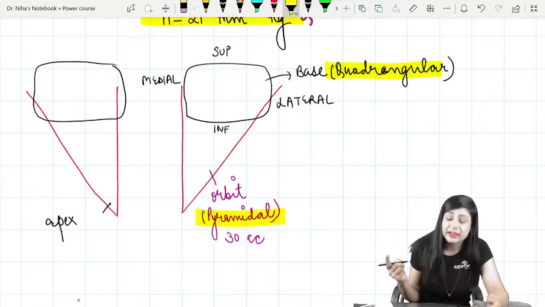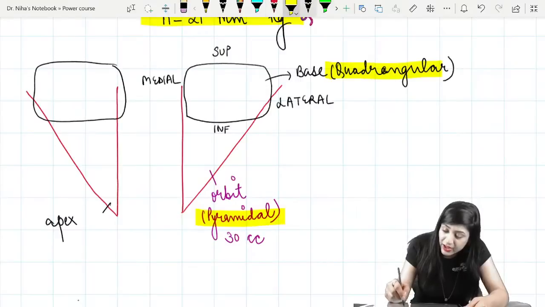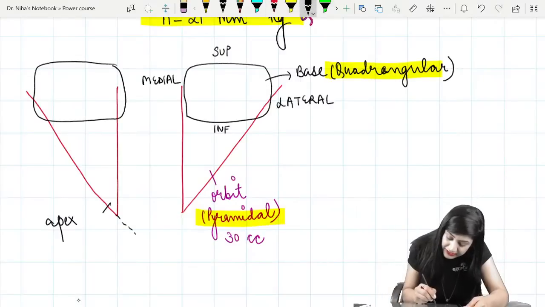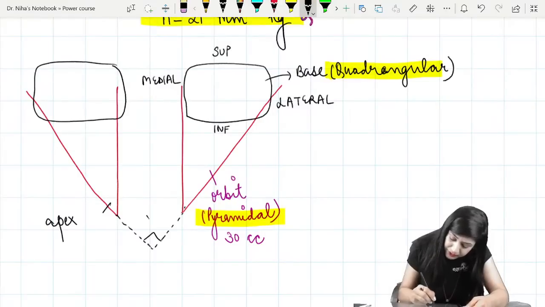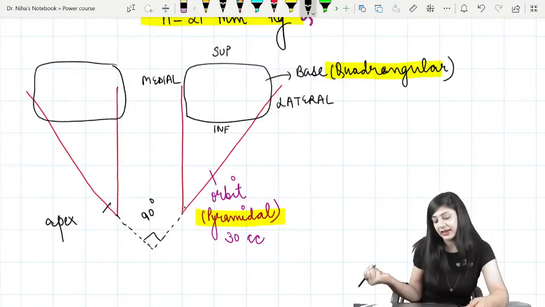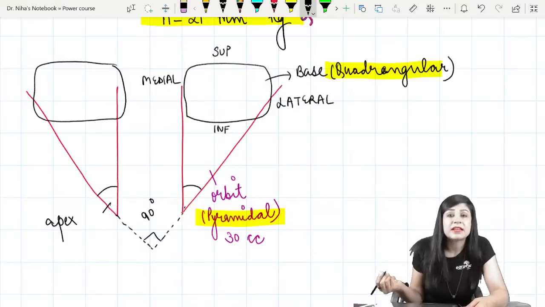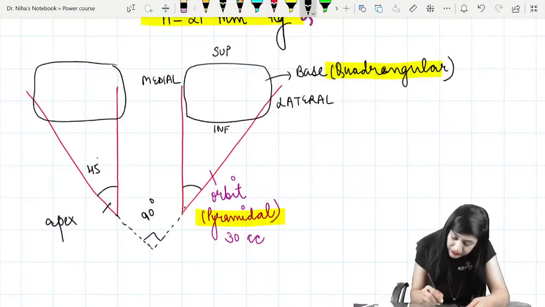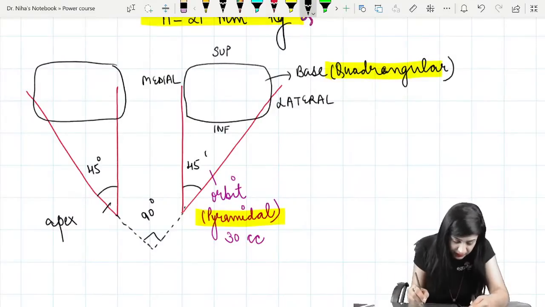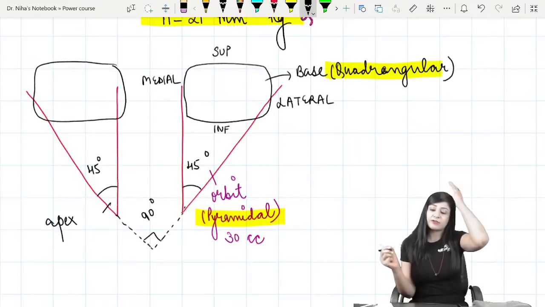And look at the angles here. If I extend these lateral walls and join them, this angle becomes 90 degrees. Therefore, the angle between the medial and lateral walls is 45 degrees and 45 degrees.